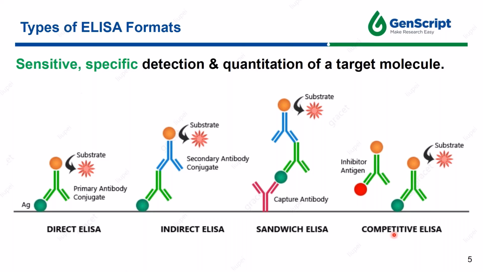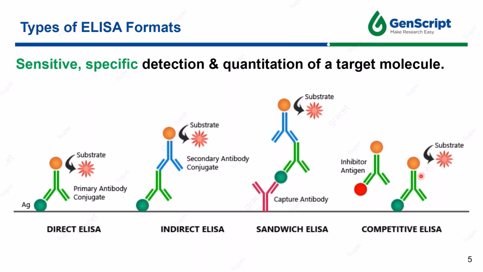In this format, first the antigen will be coated on the well, and another unknown antigen will be added in the well. If there is a higher concentration of antigen in the sample, a significant reduction in signal output will be observed.